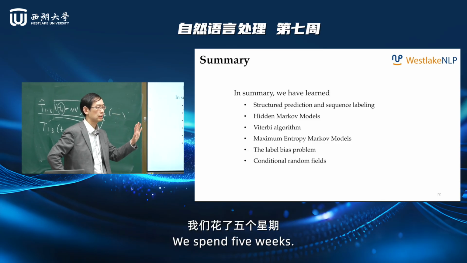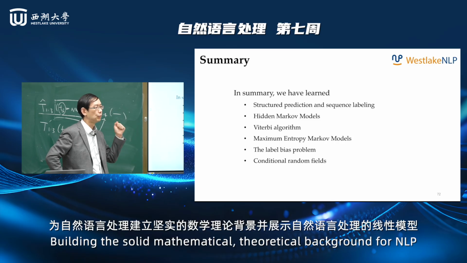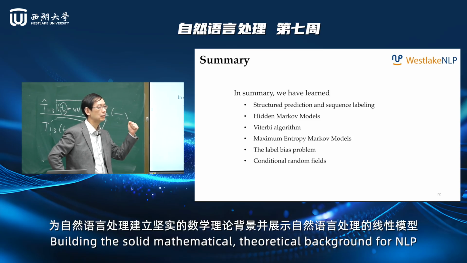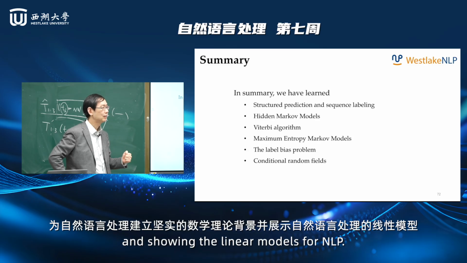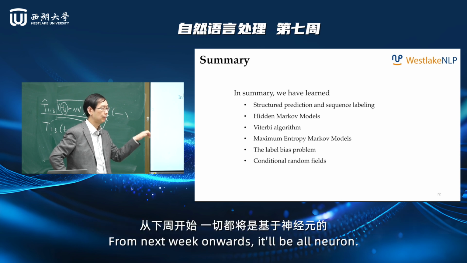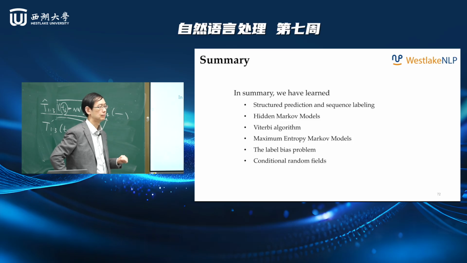We spent 5 weeks, okay? Building the solid mathematical theoretical background for NLP and showing the linear models for NLP, okay? From next week onwards, it'll be all neural, okay? So see you next week.